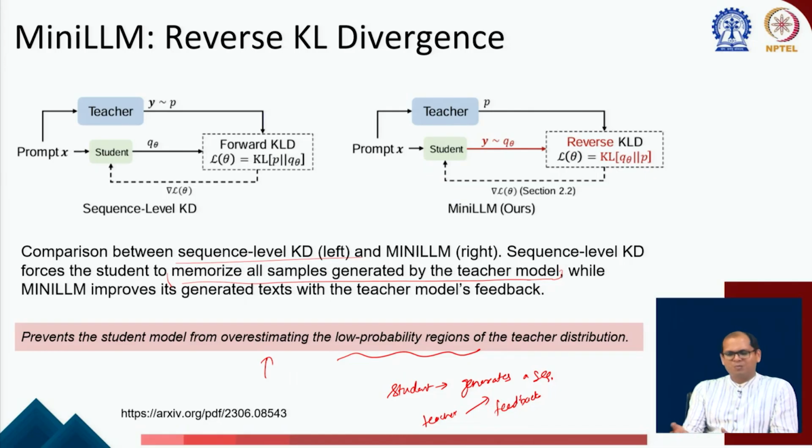I would have given it a very low probability, so you don't generate such a sequence. It can be as simple as that. This is the reverse process. Before, we took a sequence generated by the teacher and let the student maximize the probability for it. Here, it is the opposite: let the student generate a sequence and the teacher gives feedback on whether it is a good probability sequence or not. That's why they call it the reverse KL divergence formulation.